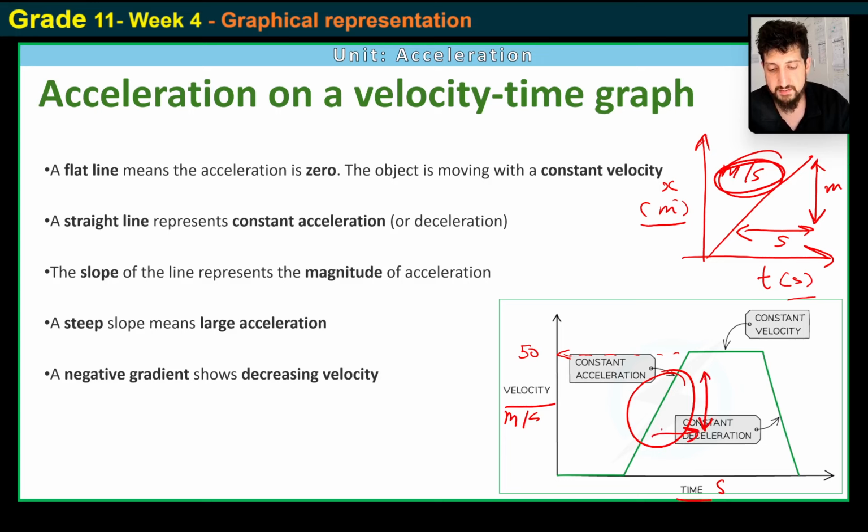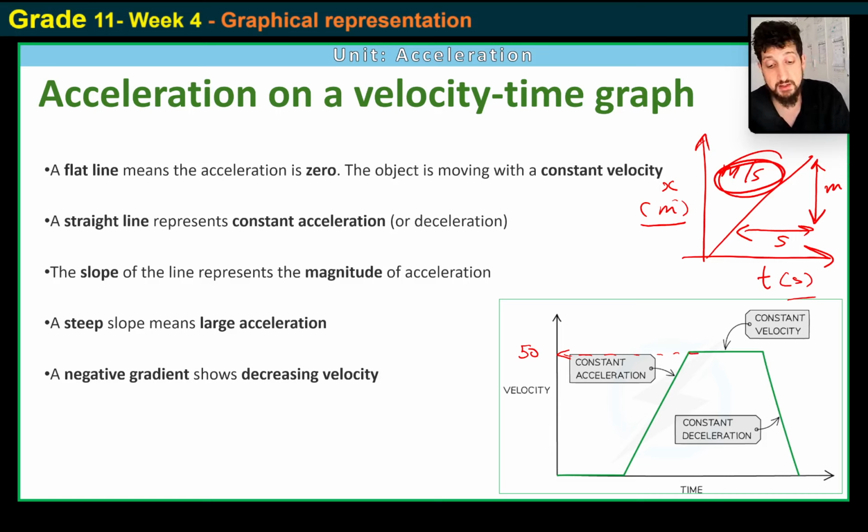And it's going to be meters per second per second, or meters per second squared, which is acceleration. So the gradient or the slope on a velocity time graph or a speed time graph represents acceleration.